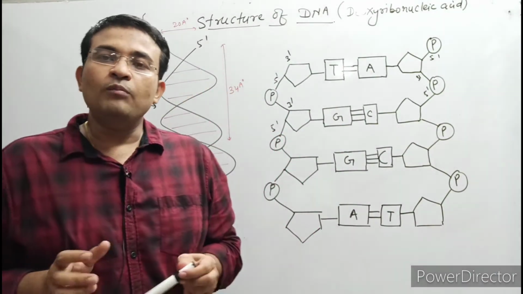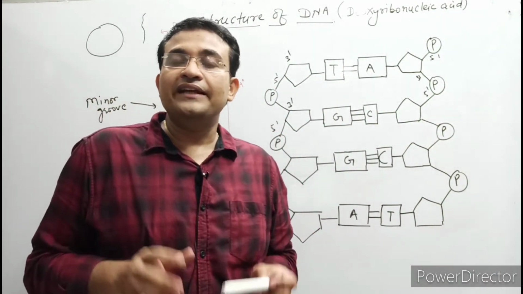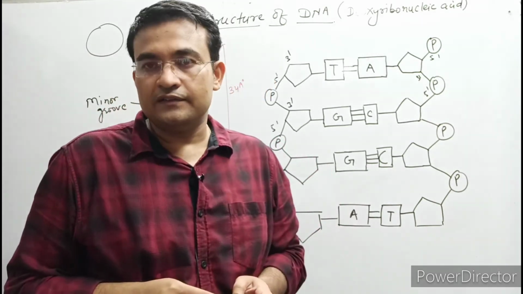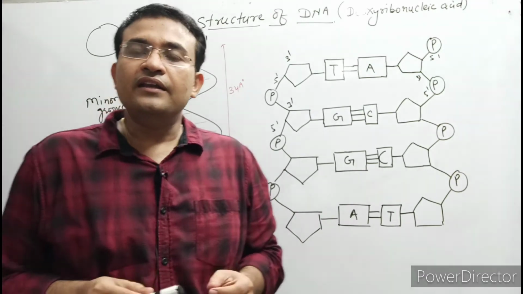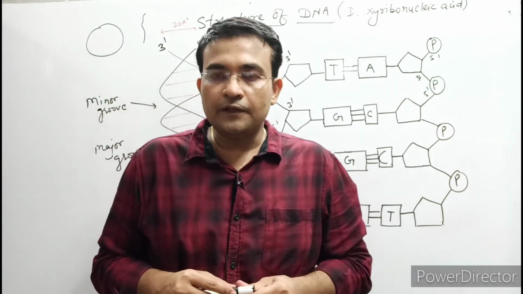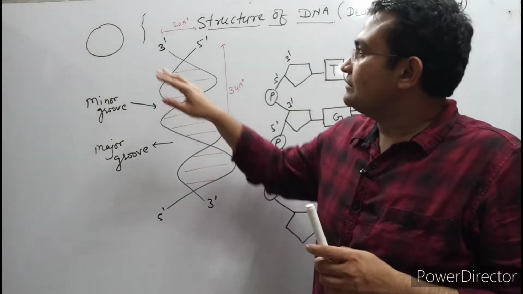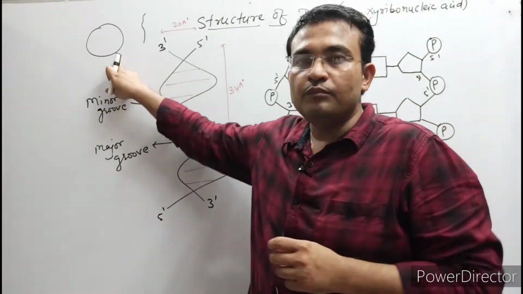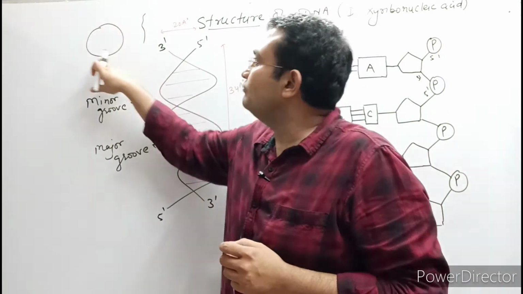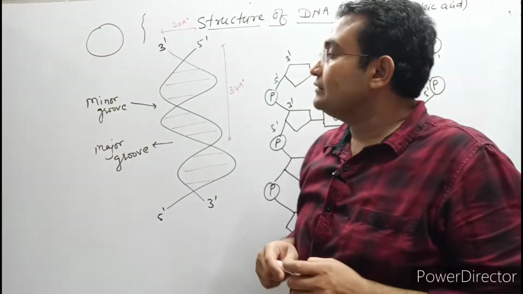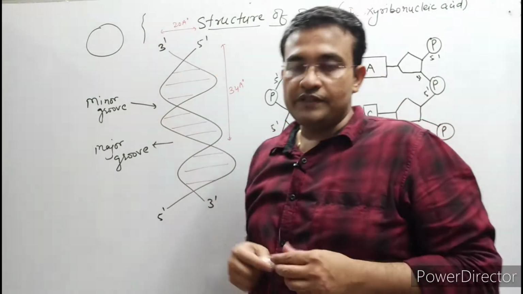DNA is an important biomolecule because it is a genetic material in all organisms except some riboviruses, in which RNA is a genetic material. So in prokaryotic cell, there are circular type of DNA present. It means the both end of the DNA are connected. But in eukaryotic cells, the linear type of DNA is present.